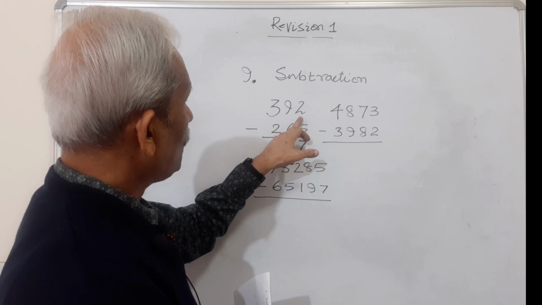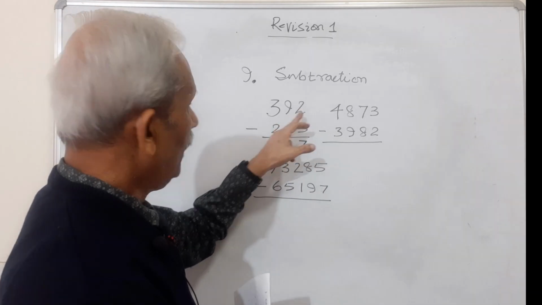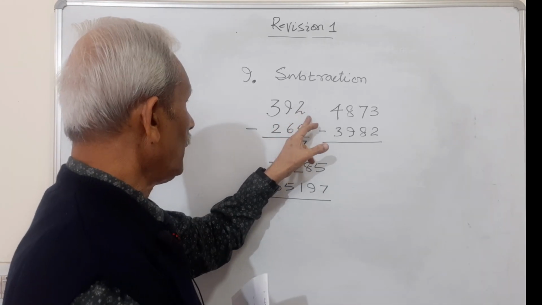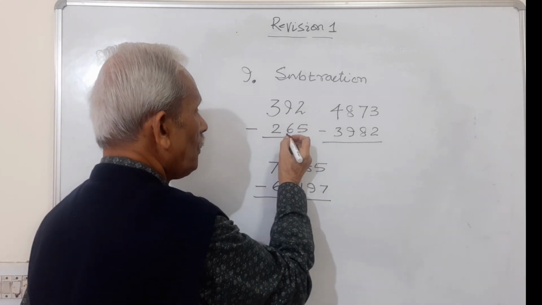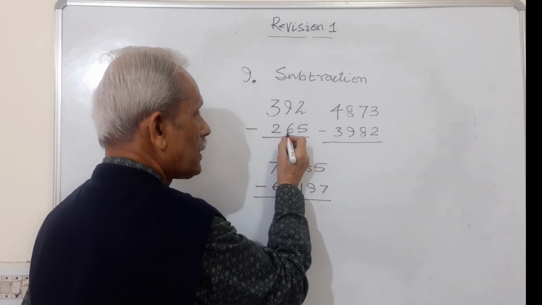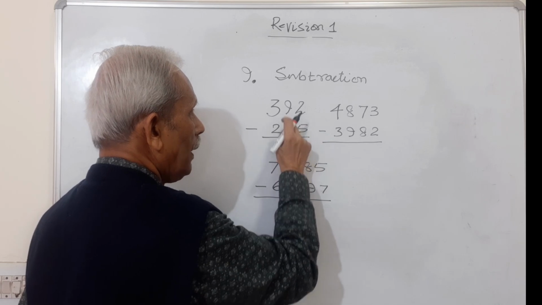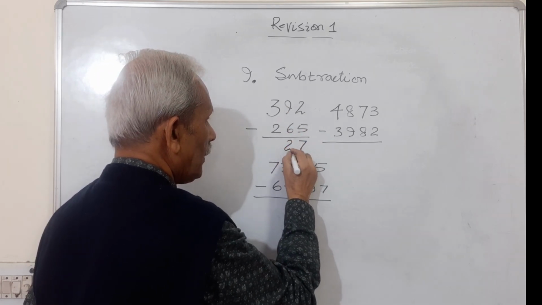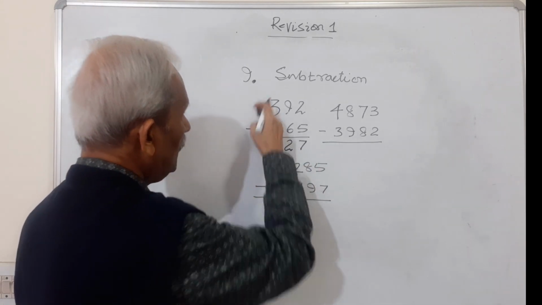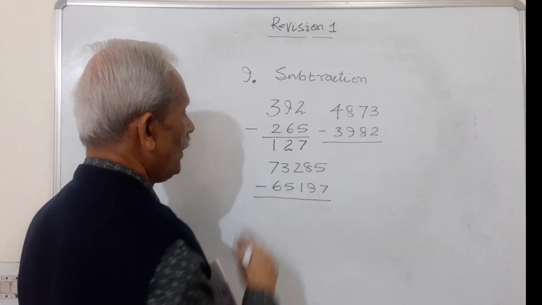Here this small number is smaller, but here this number is bigger. That means you are out of complement. The moment you are out of complement, you have to add 1 with this 6. So 6 plus 1, 7, 9 minus 7 is 2, you write down 2 here. Then here 3 minus 2 is 1, you just write 1.